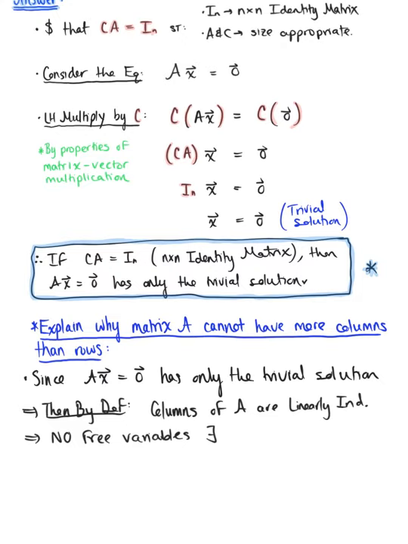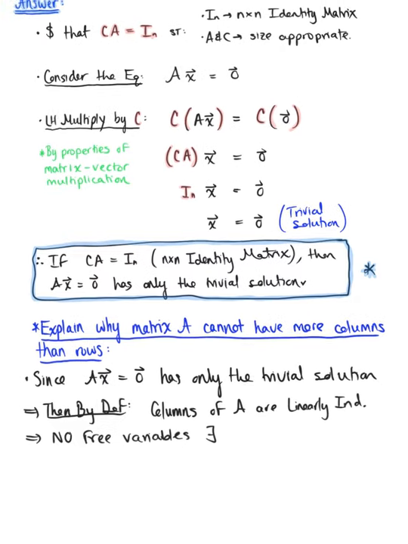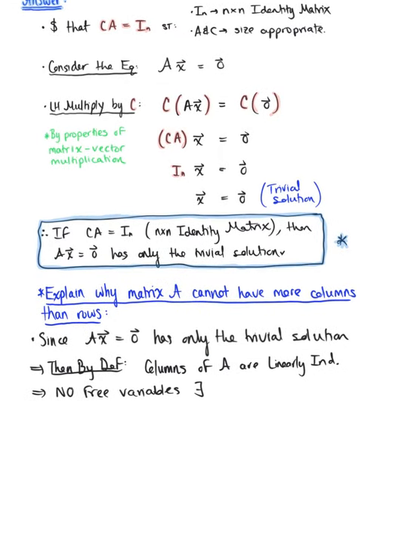If no free variables exist, this lets us know that the number of unknowns in our system must be less than or equal to the number of equations in this linear system.